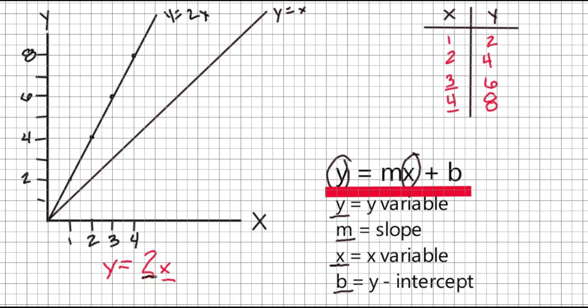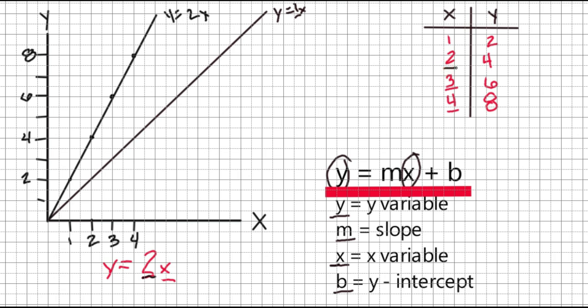All right. Y equals x is, you can say it's y equals 1x, right? Our slope in the y equals x is 1. Our slope in y equals 2x is 2. Okay, so let's think about what's going on here, all right? So as we move along our line, let's take 2 here, okay?